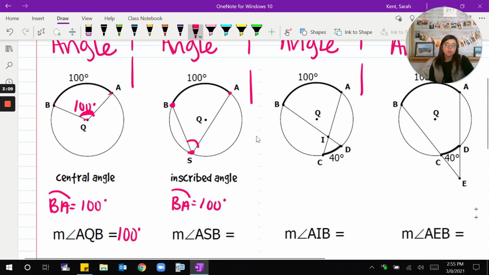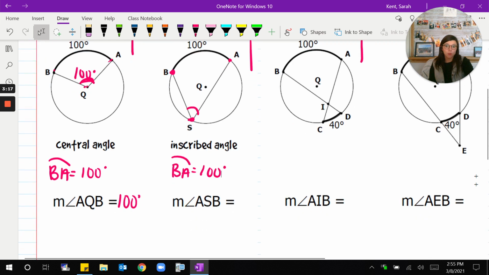For our central angle, they were the same. With an inscribed angle, we want to divide it by 2. So I'm going to take that 100 degrees and divide it by 2. When I do that, I'll get that my inscribed angle, or angle ASB, is 50 degrees.